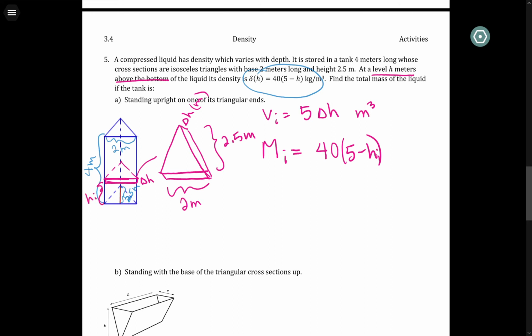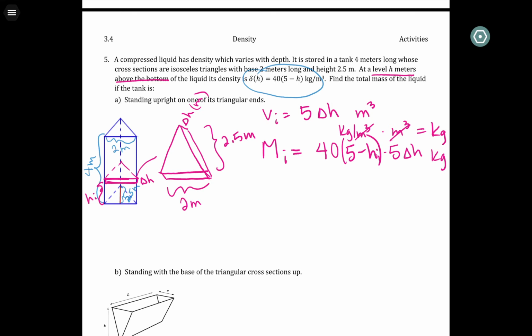And then this is kilograms per cubic meter. We need to multiply that by the volume in cubic meters so that we end up with the mass in kilograms. So we need to multiply this by a 5 delta H. Okay, so this is working towards answering the question, but we've only found the mass of our one slice.